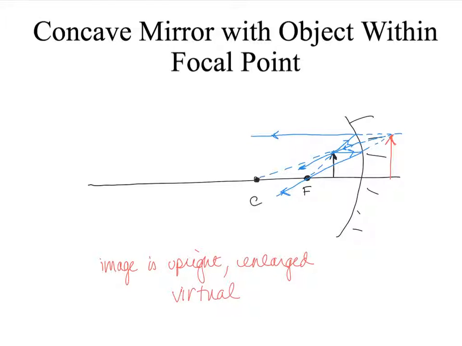In the first, the object was further away from the mirror than the focal point, and so you saw a smaller inverted image. The second one was a concave mirror, but the image ended up being enlarged, upright, and it was a virtual image.